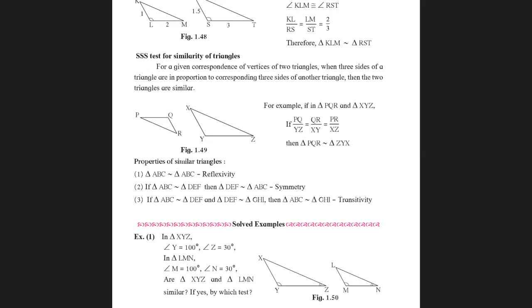Now in this case, you have two triangles PQR and XYZ. Now, if the sides, that is PQ upon YZ equal to QR upon XY equal to PR upon XZ, you can call these two triangles similar because the corresponding sides are in proportion.